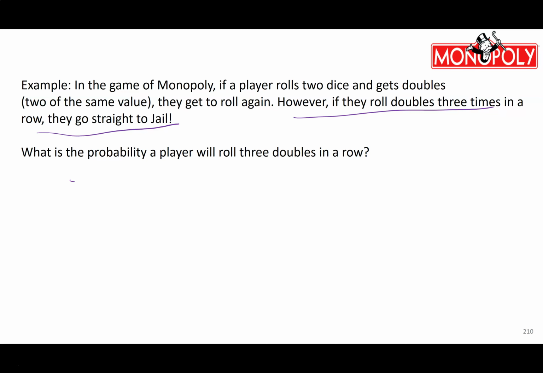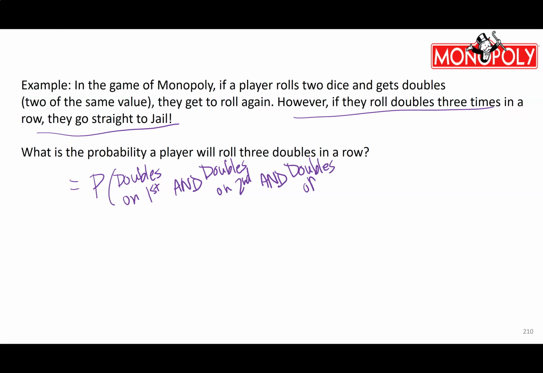Thanks to that multiplication rule, we can say it's the probability of doubles on first, and doubles on second, and doubles on third.